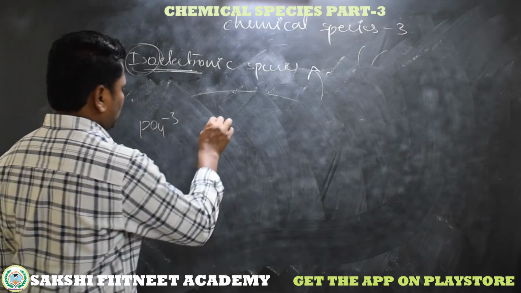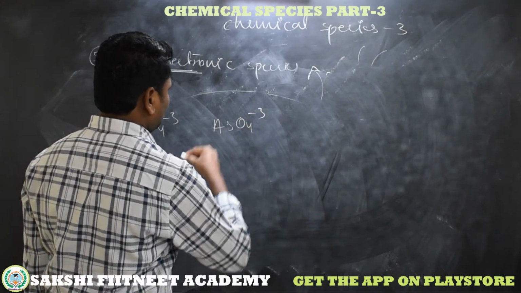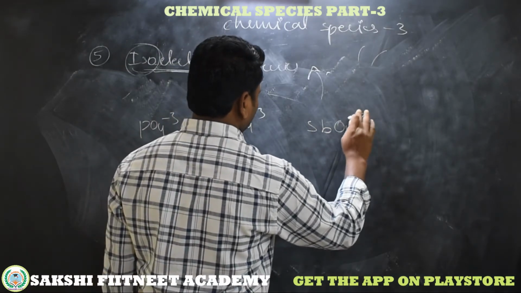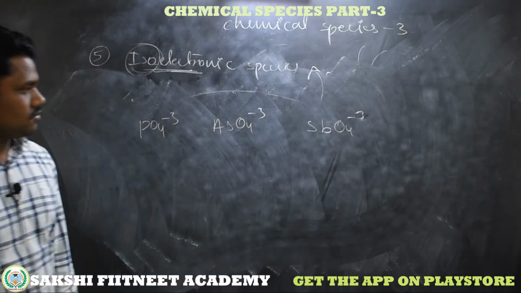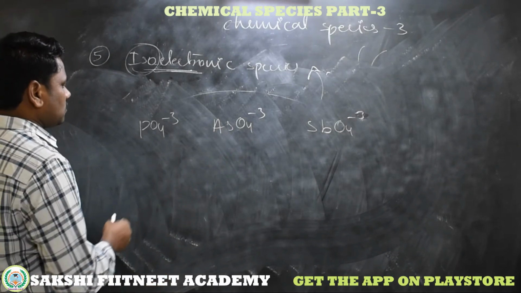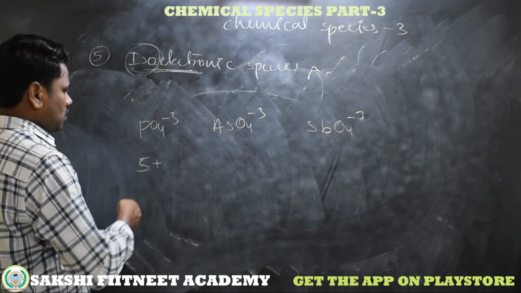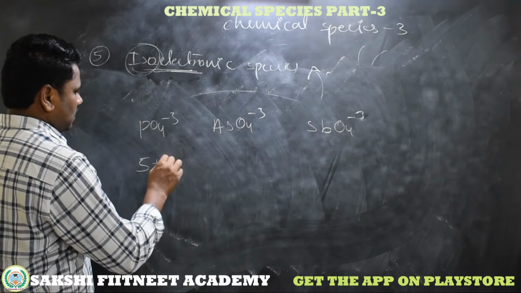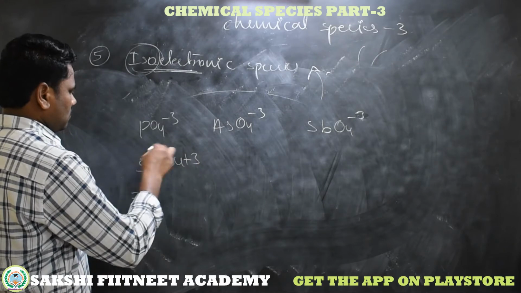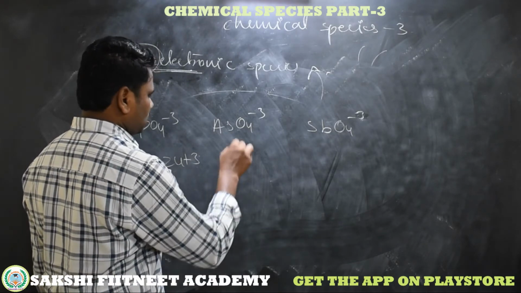Next example, PO4 minus 3. Next arsenic, O4 minus 3, then antimony, O4 minus 3. Coming to the valence electrons for PO4 minus 3: phosphorus has 5 valence electrons because it is in the nitrogen group. Now the 4 oxygens give 24. The overall charge is minus 3, which means we need to add 3 electrons. 5 plus 3 is 8, plus 24 becomes 32.